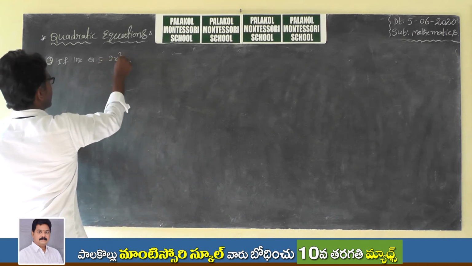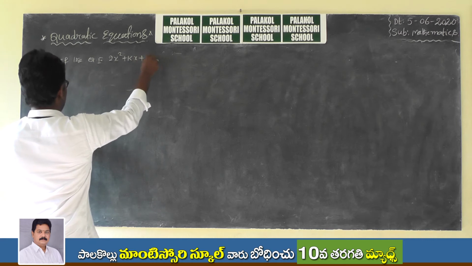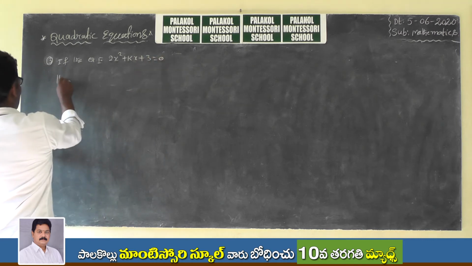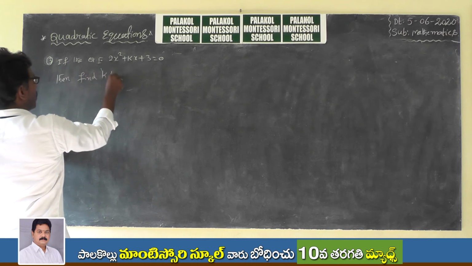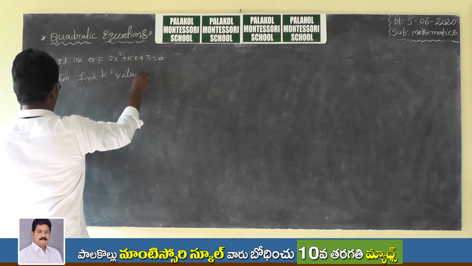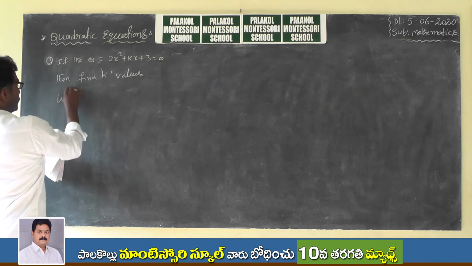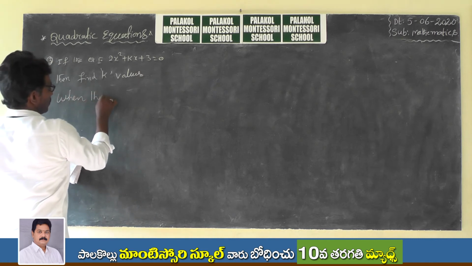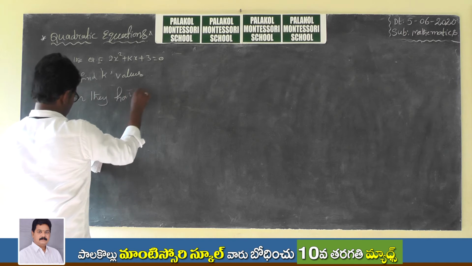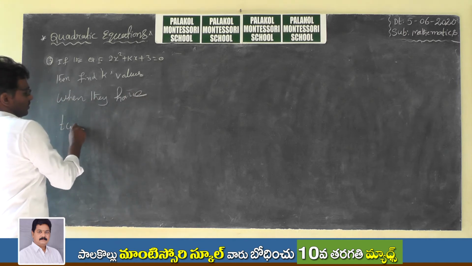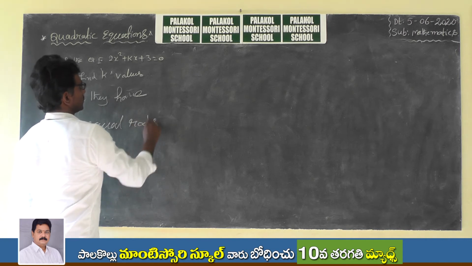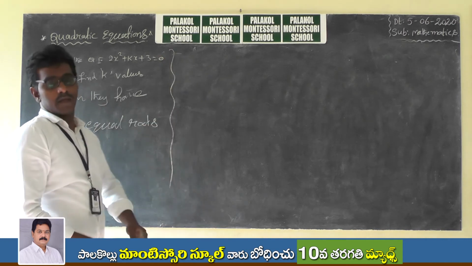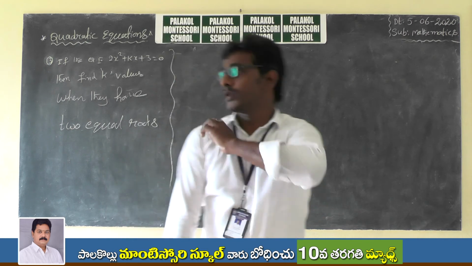2x square plus kx plus 3 is equal to 0. Then find the k values when they have 2 equal roots.